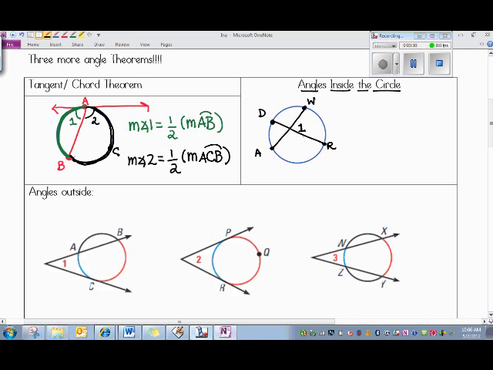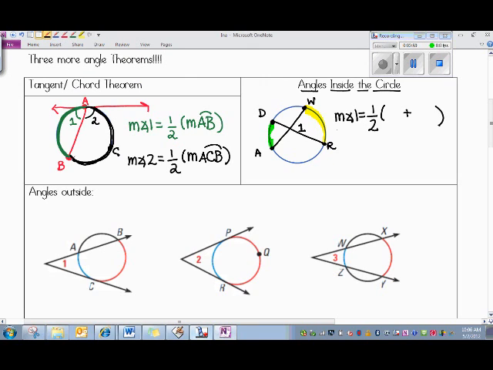In this situation, we know the measure of angle 1 is equal to 1/2 again. All of these have a 1/2 in the formula, they're just different formulas. 1/2 the sum, and the sum means add, of the intercepted arcs. It's its arc and the arc of the angle vertical to it. So I'm going to be adding the yellow arc and the green arc.